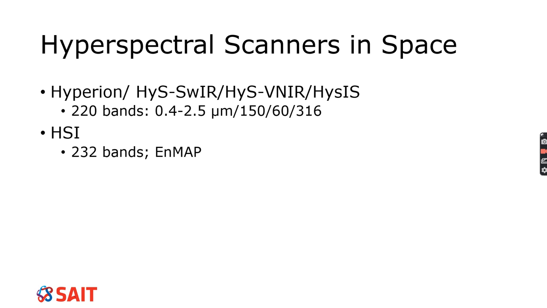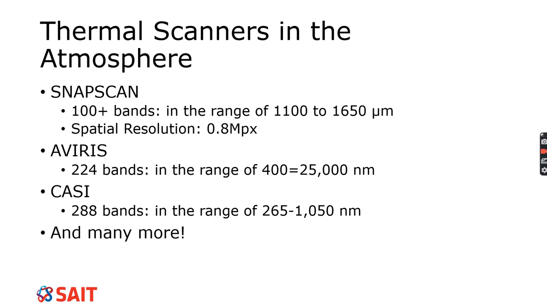The reason there's not many hyperspectral scanners in space is because there's a trade-off between spectral resolution and spatial resolution. So this has really high spectral resolution, which means that my spatial resolution is very poor. So in saying that, then we can move it down into the atmosphere, and there's lots and lots of different airborne scanners. So there's SnapScan, which was just one that I Googled.